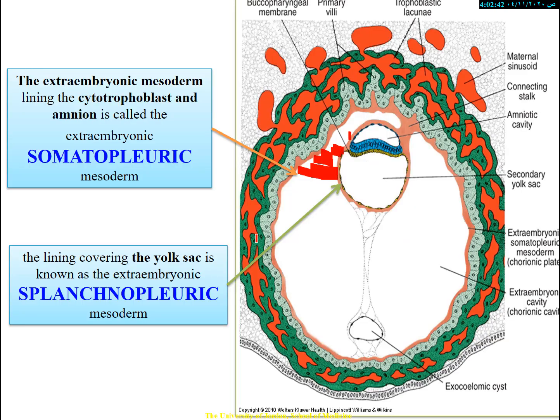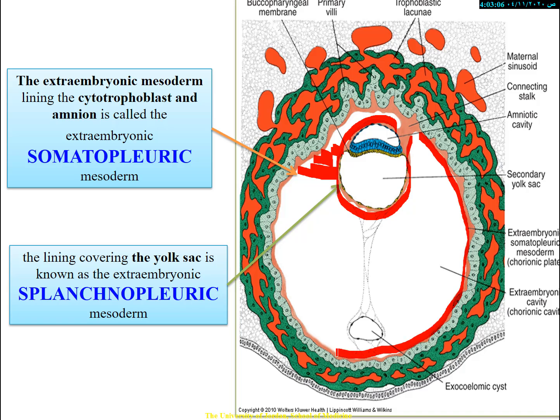These cavities have gone bigger and bigger, and the extraembryonic mesoderm has divided into two layers now. One layer surrounding the embryo here, and the other one lining the cytotrophoblast.